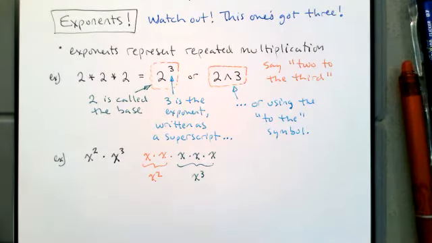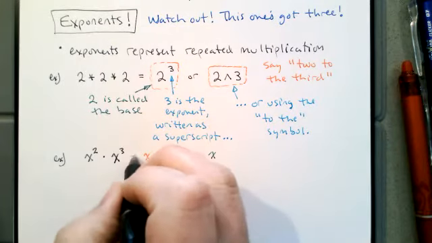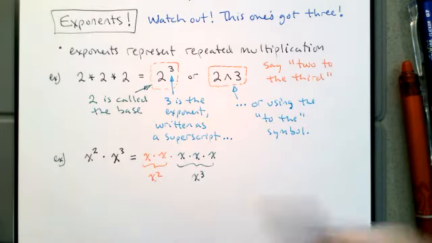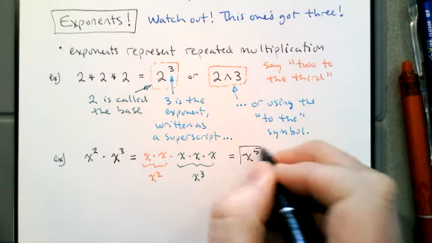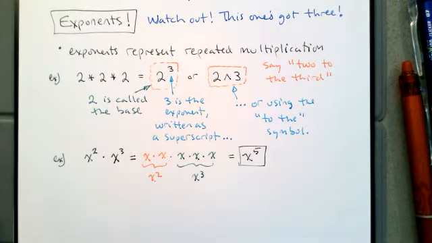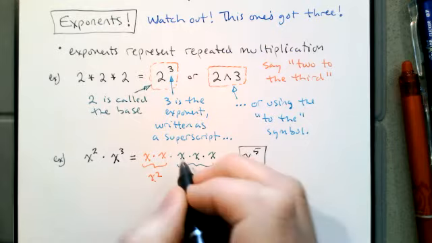So it makes sense that if we want to multiply x squared times x to the third, we just count all the things that we're multiplying. Count all the times we're multiplying x. That's why we get away with adding the exponents. Not because it's some weird rule, that's just how numbers behave. Any questions? So we could think of this as a rule for exponents, but that's just how numbers behave. That's why it's a rule in the first place.